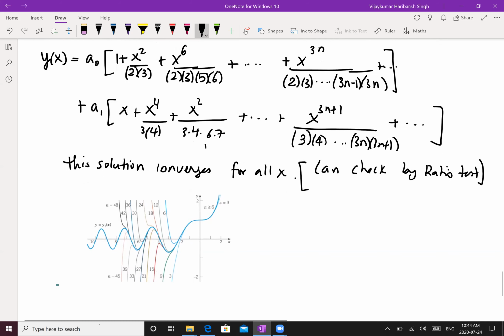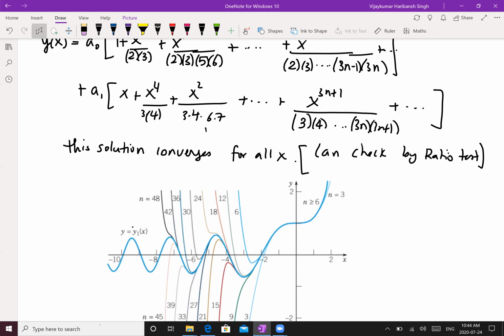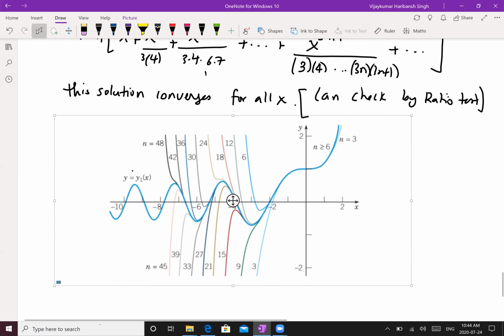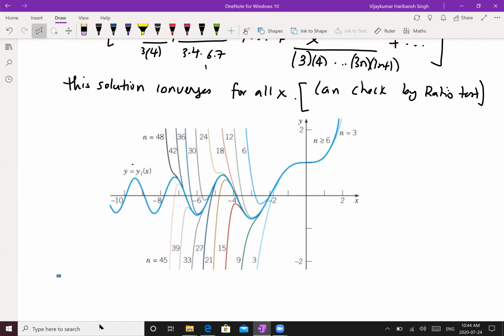Now we can plot the function by terminating the series after some time. So this is a plot of the function terminated after some terms. When n is 3, this is your solution.